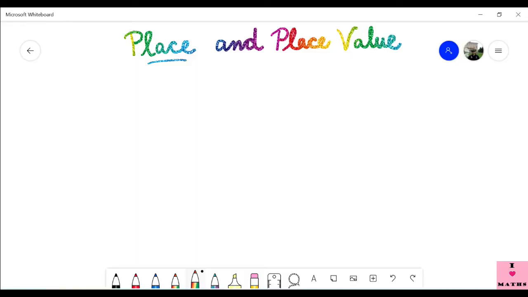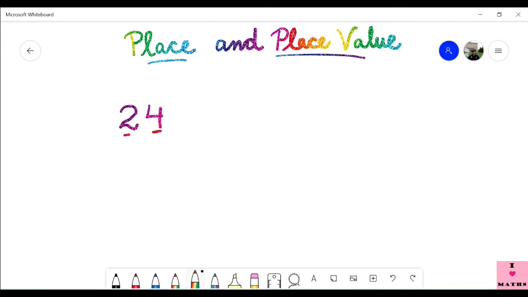Children, these place values and place, I am going to explain it to you with the help of a colored pen. Come, let us do that. Place and place value. Come children, let us study about these two things. You understand the meaning of place. Let us look at this number 24. This number has got two digits, 2 and 4.